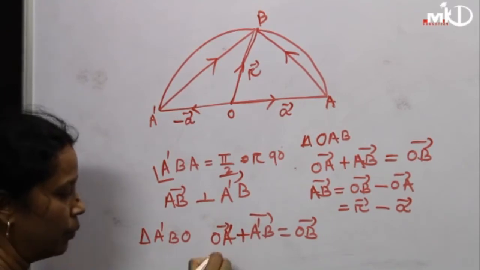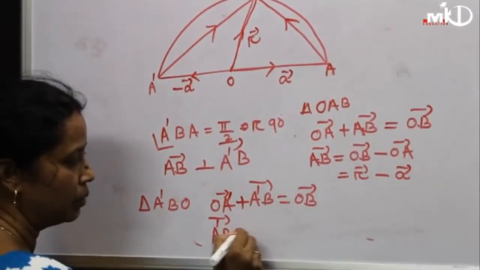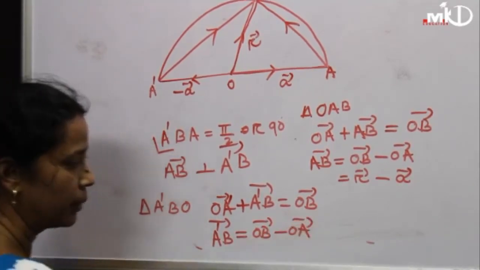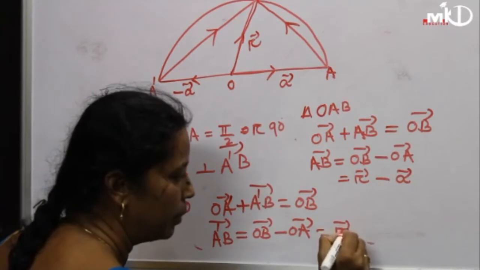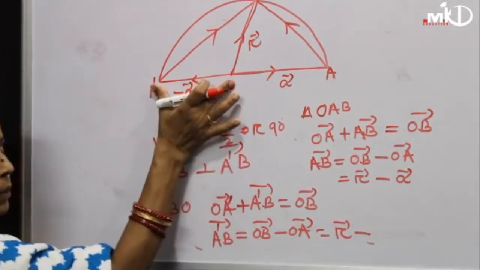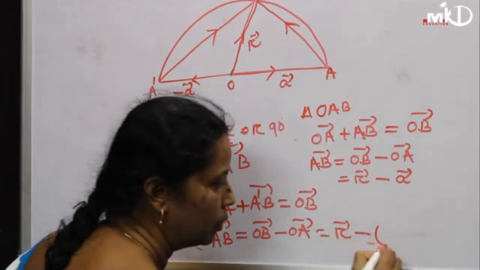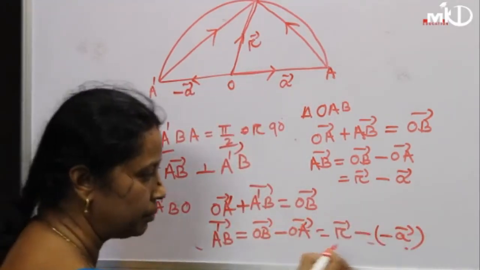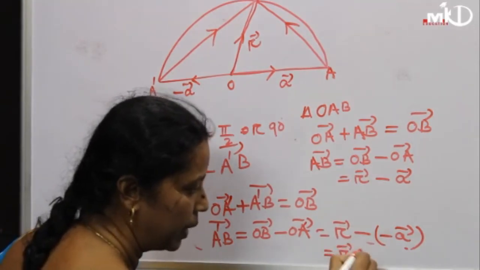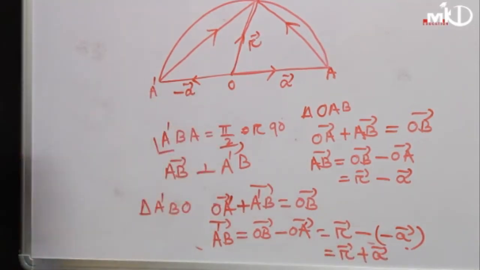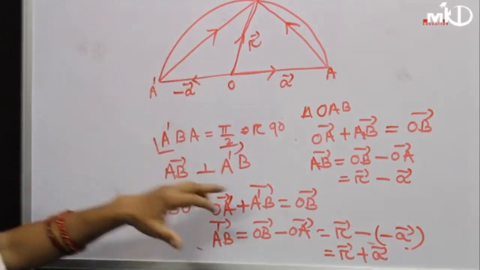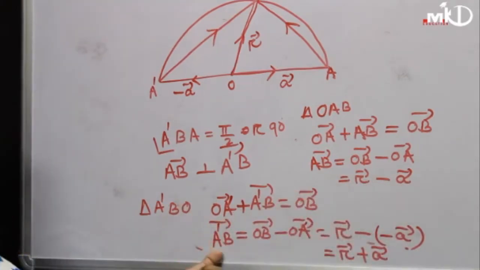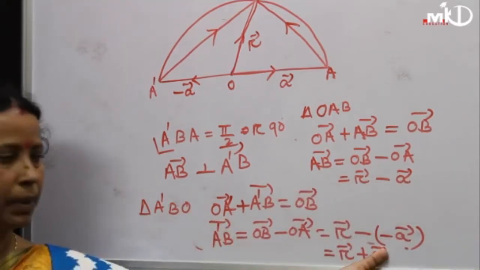Or again we find A dash B bar is equal to OB bar minus OA dash bar. So it is equal to R bar minus, and already we defined OA dash bar is equal to minus A bar, so it is equal to R bar plus A bar. So from this picture we find vector AB is equal to R bar minus A bar and A dash B vector is equal to R bar plus A bar.